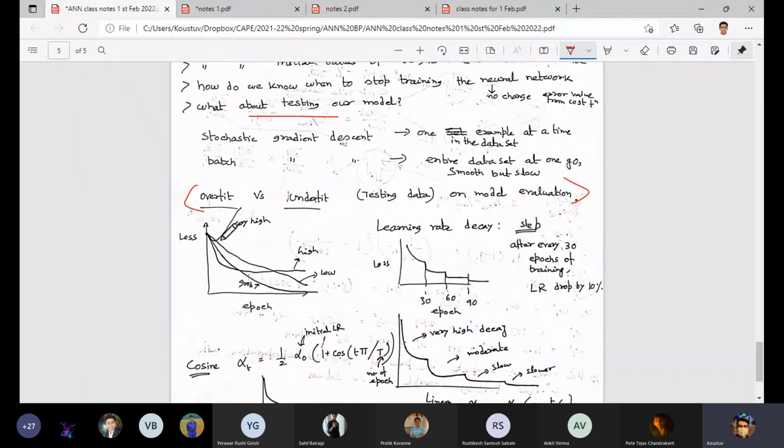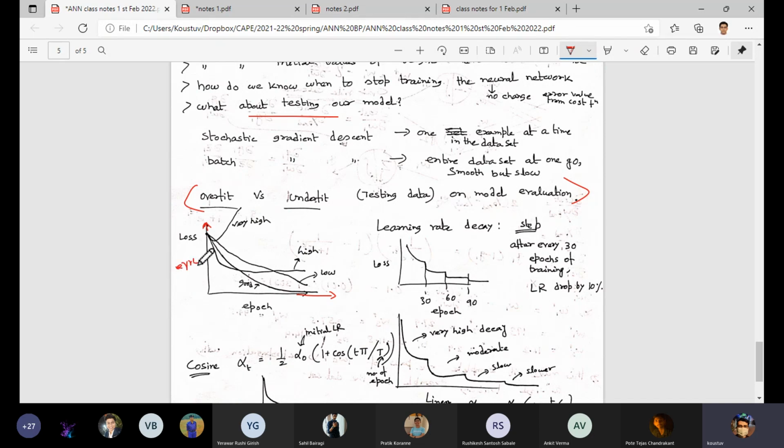Qualitatively, we have plotted many different learning rates, labelled very high, high, low, or good. So what do they mean? In general, we are trying to see how the error or loss behaves with the number of epochs. That is the essential task.